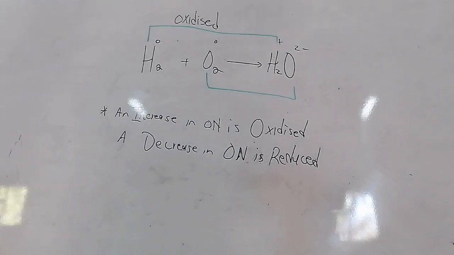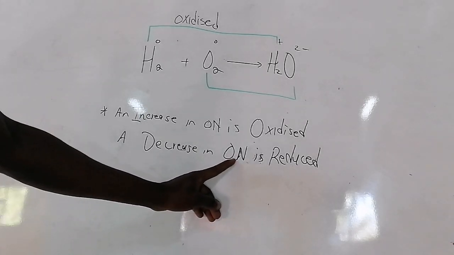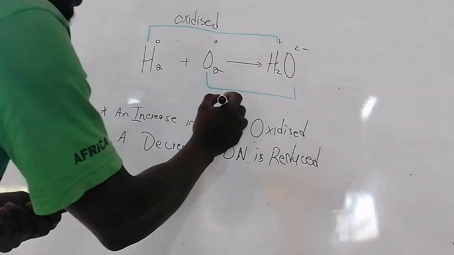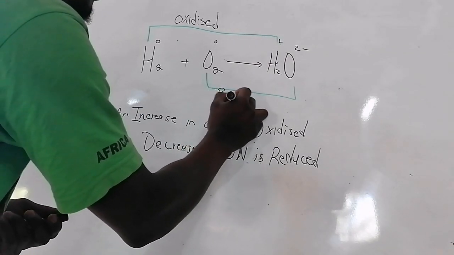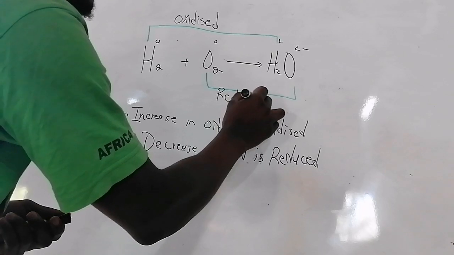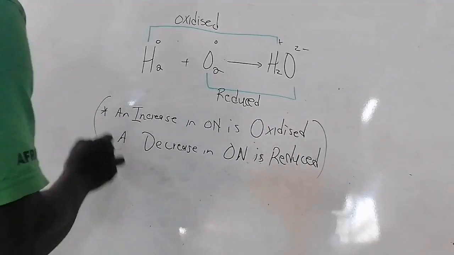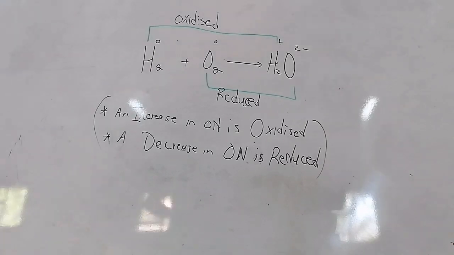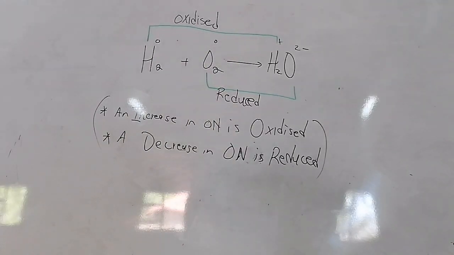By the term subtracted, it means that it has decreased. So a decrease in oxidation number is reduced. Then I write reduced here. Make sure that you understand this. It is very important for you to know how to do this.